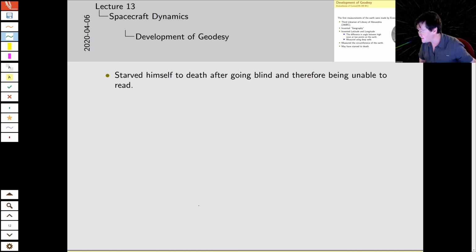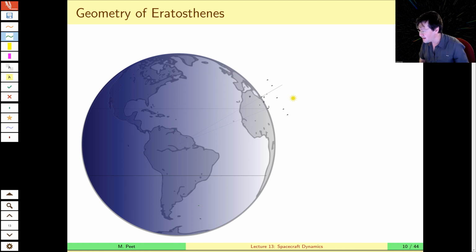Anyway, that's Eratosthenes, and here's the illustration of that, where we're measuring the sun at high noon. You get this angle here, and that gives you the radius of the Earth. So the original geodesist, I think that's the word for it, was Eratosthenes.